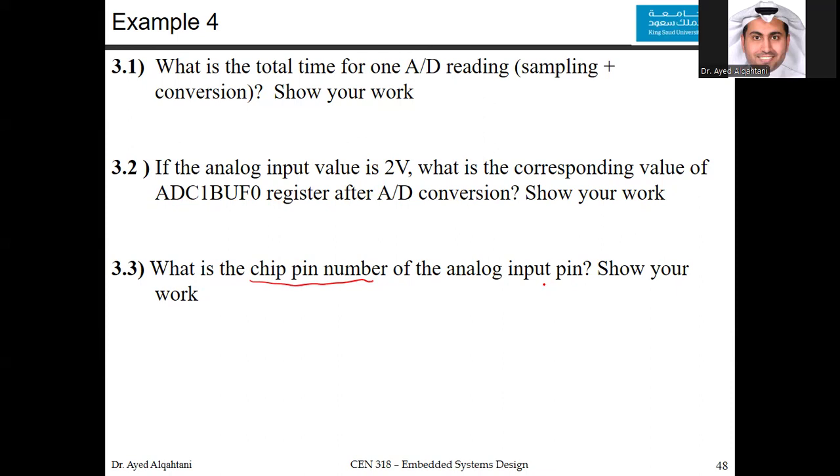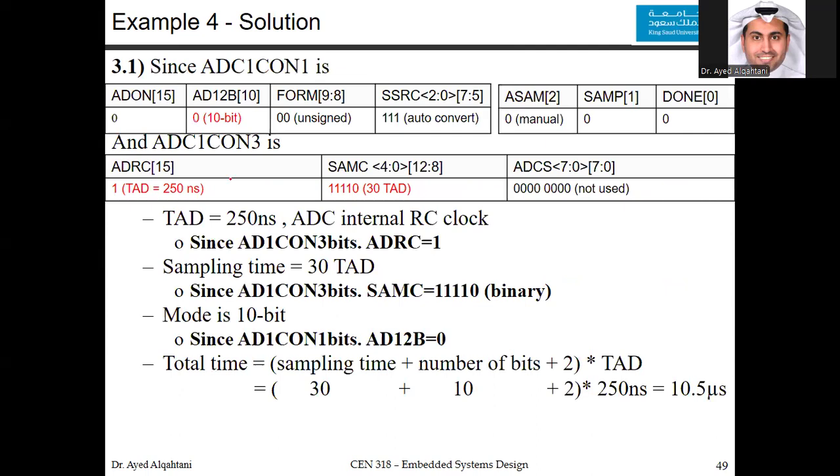To answer these questions, for the first one, we discussed this actually, and we said we'll use 10 bits, and we will use TAD of 250 nanoseconds, and the SAMC value is this value, which corresponds to 30 TAD. And from these 3 pieces of information, we know that the total time would be the sampling time, which is 30 here.